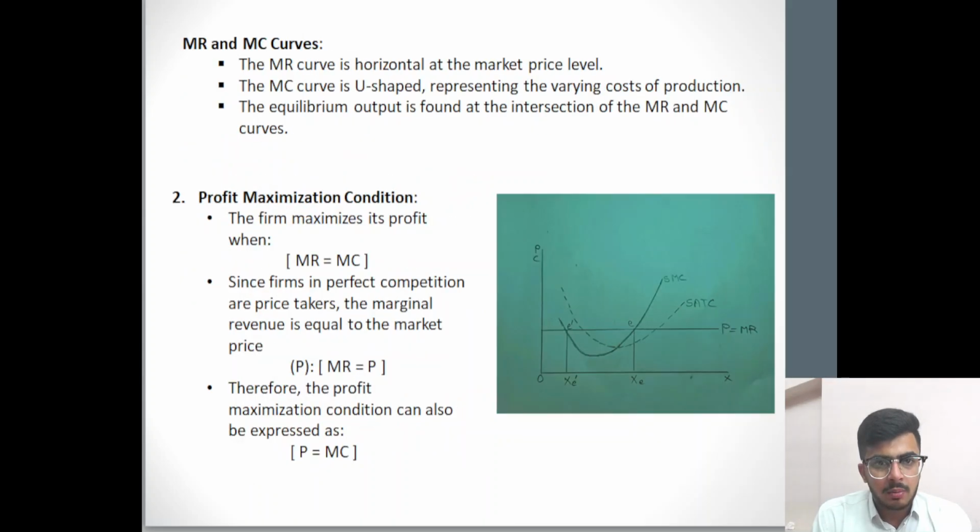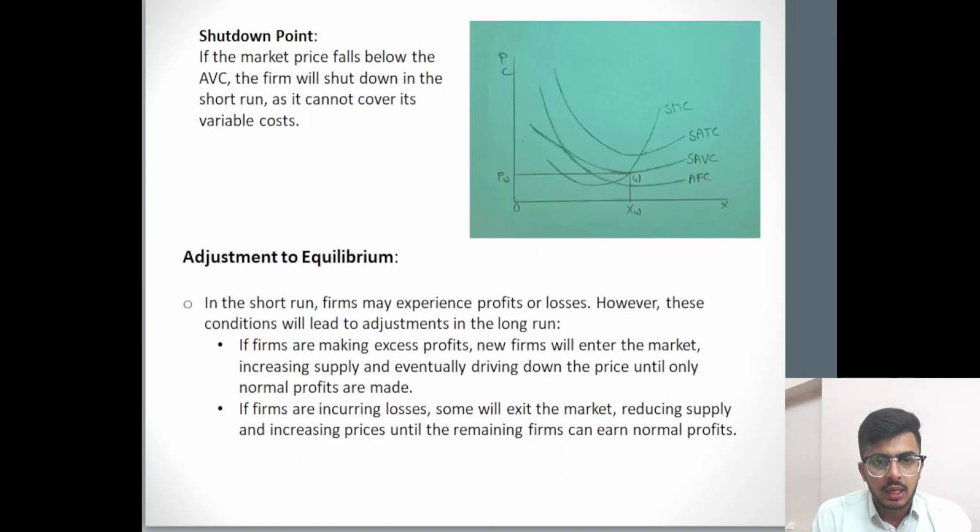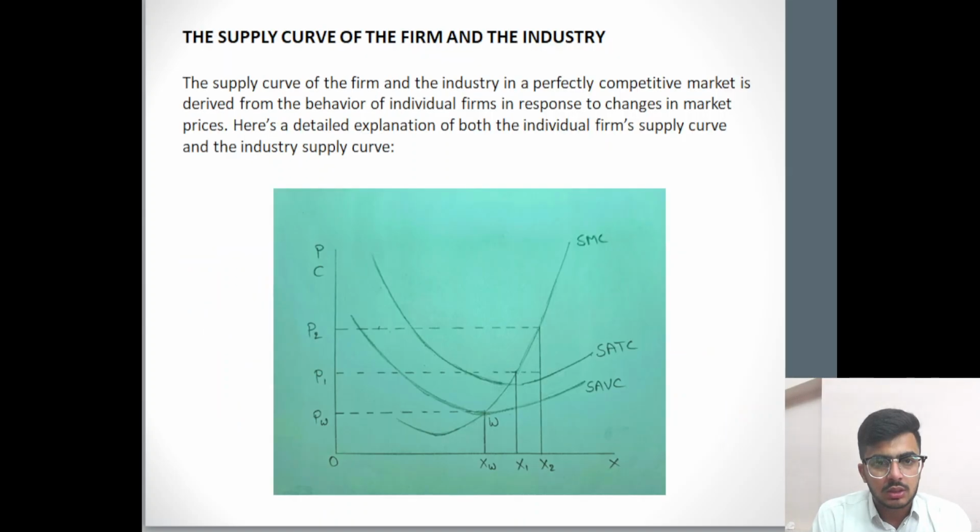Now, the supply curve also shows the MR and MC curves and the profit maximization conditions of short run equilibrium. Now this is the supply curve of the firm and the industry.